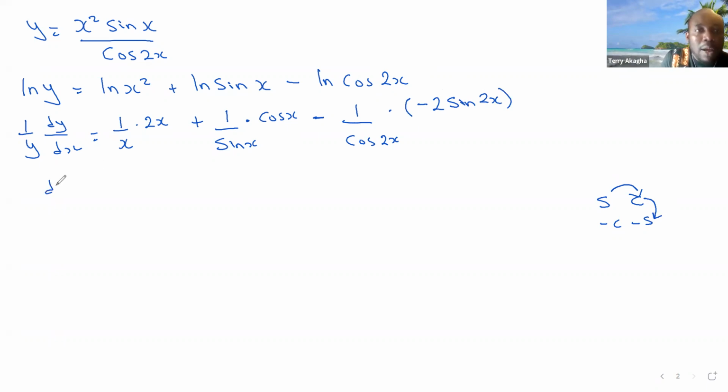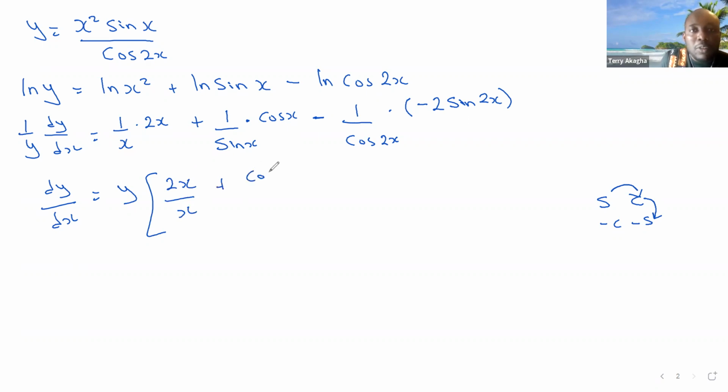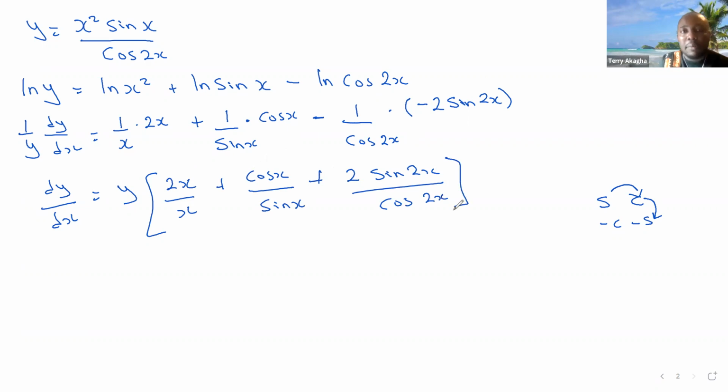So we have dy over dx will be equal to, you multiply both sides by y, into 2x divided by x plus cos x divided by sine x. Then this is minus times minus, which will give you what? Plus 2 sine 2x divided by what? Cos 2x. Can you see?